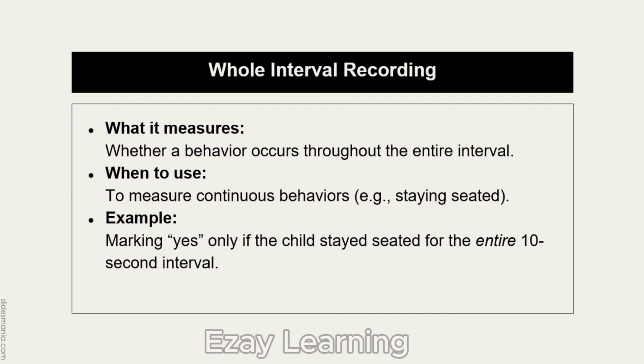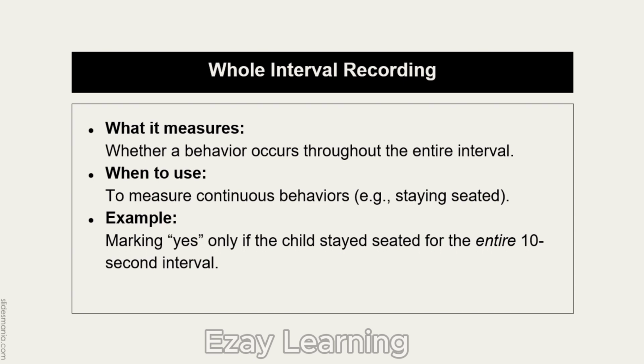Now the first time sampling method is whole interval recording. As the name indicates, whole interval. The intervals you have made, you will be recording the behavior during the whole time sample. If the behavior is occurring throughout the entire interval, you will mark the behavior as yes, that the behavior occurred in the whole interval.